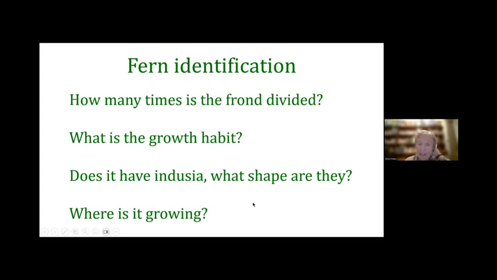And then another really important thing is, where is it growing? So, I mean, sort of common sense, you're unlikely to find marsh fern growing on the top of a wall. Similarly, the wall ferns are not too keen on growing in bogs. And we'll come to that a bit more later on.